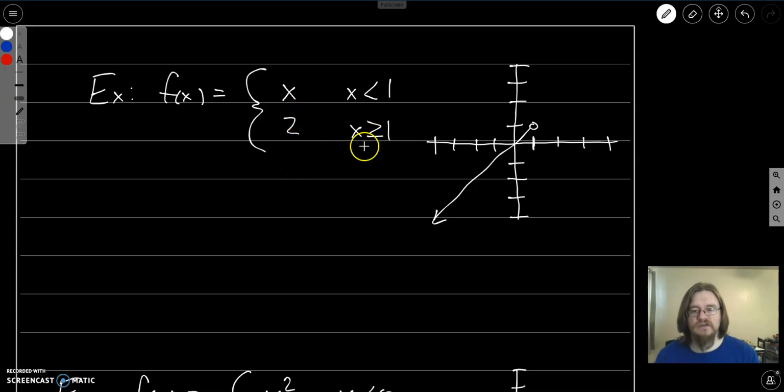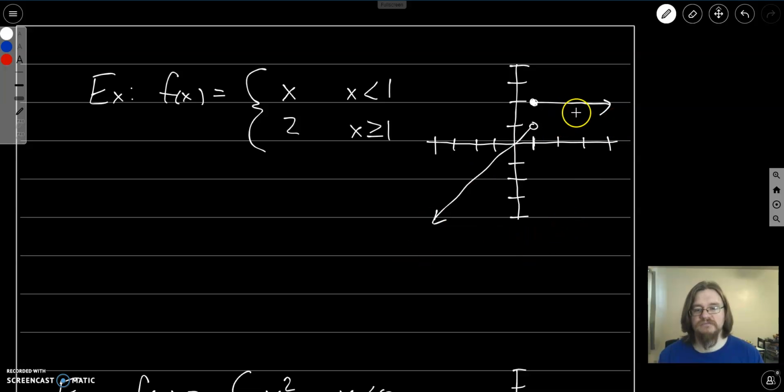Now for x greater than or equal to 1, we have 2. So we're going to jump up to the height 2. Note that if x is equal to 1, we're at height 2, so I have a closed dot there. And 2 is just a constant function, so we're going to be the same everywhere.